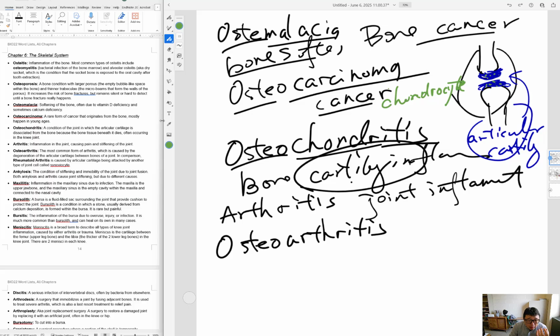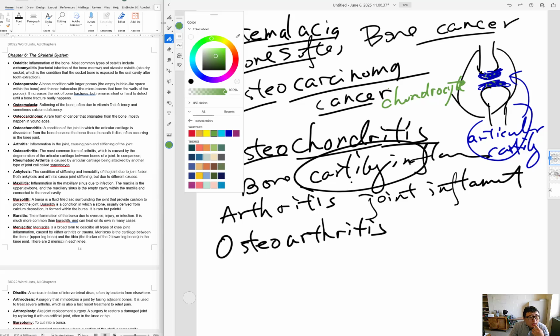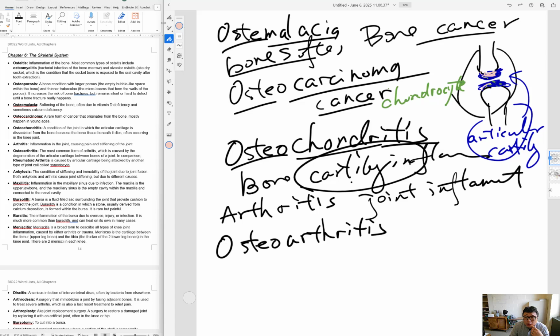However, for some reason, and we do not know for sure, probably overuse or other things, the chondrocytes are dying. When the chondrocytes die away, the articular cartilage wears off, and then bone tissue grows on the surface. If the bone tissue itself is attaching, it's very painful. This is the most common type of arthritis, osteoarthritis, because of the degeneration of the chondrocytes.